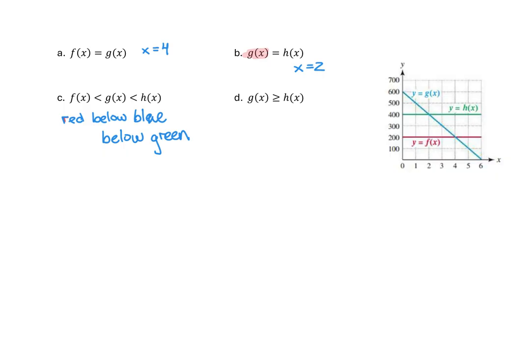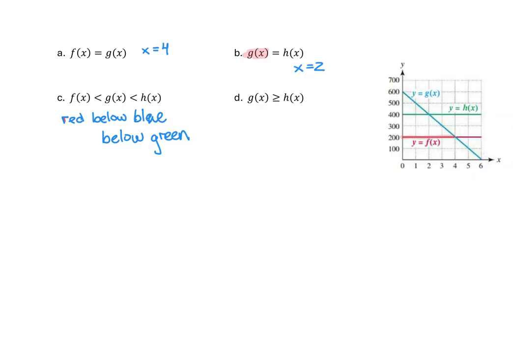All right, so let's see what we can do here. In order for us to satisfy this, we want red below blue. When we draw this, red below blue is going to be from 0 to 4.